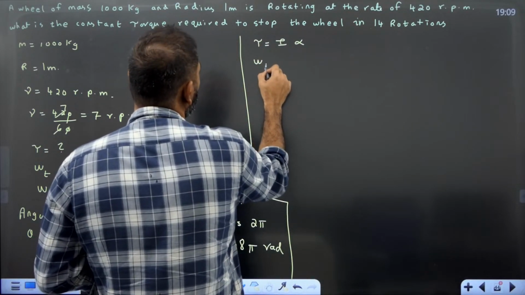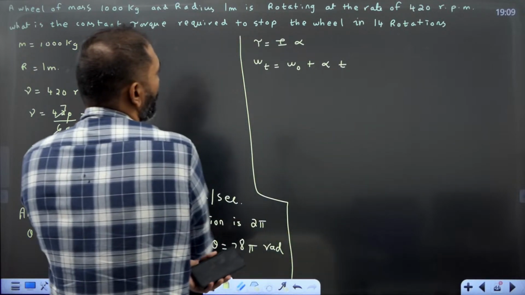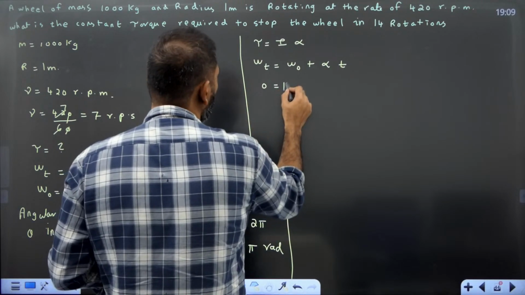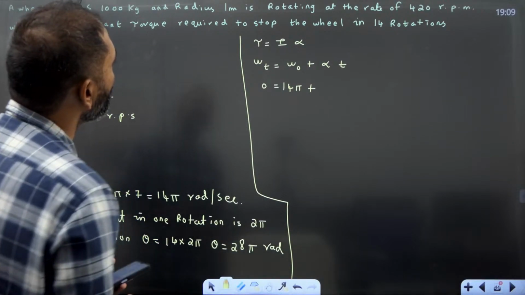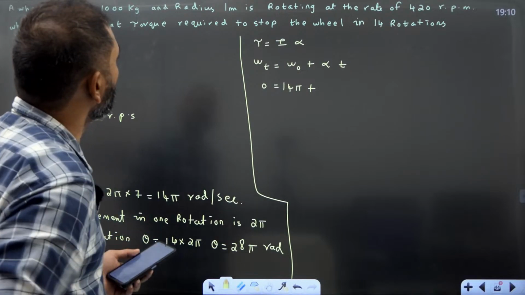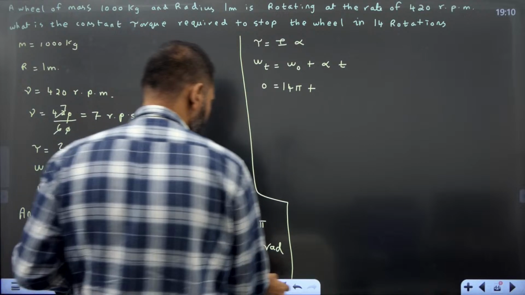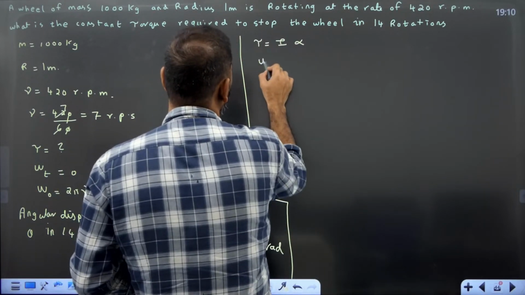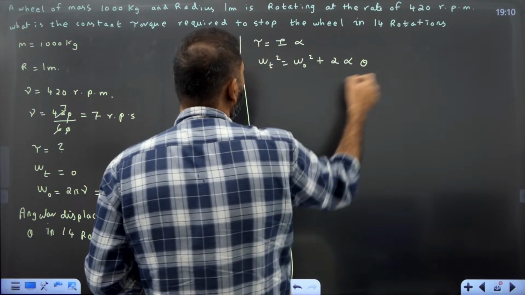Omega t is equal to omega 0 plus alpha t: final angular velocity is 0, initial angular velocity is 14 pi, but alpha and time we don't know. So we should go for another equation, one which doesn't have time. Omega t square is equal to omega 0 square plus 2 alpha theta. This equation will be better.